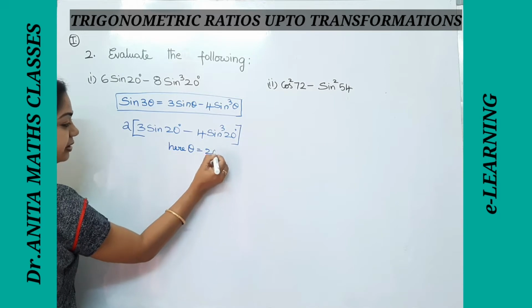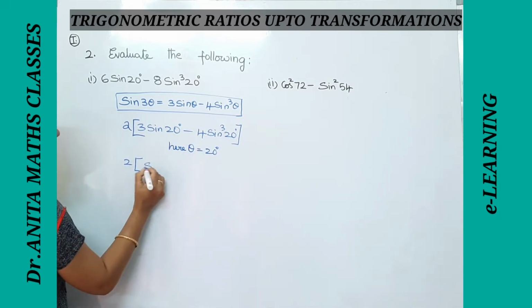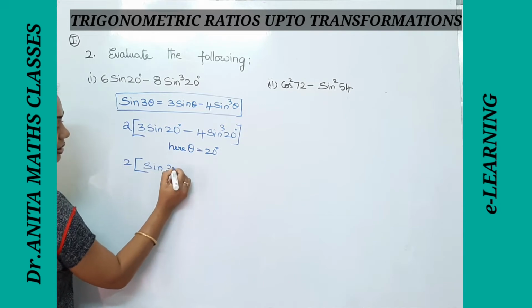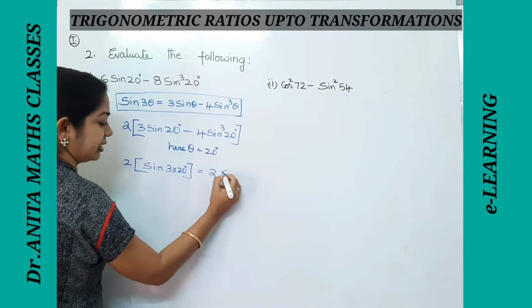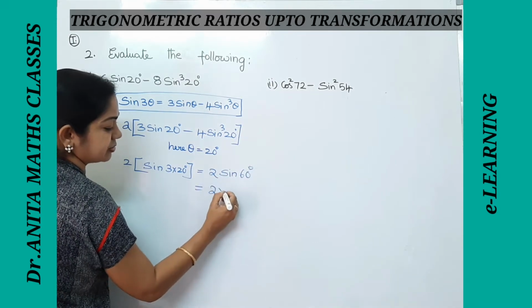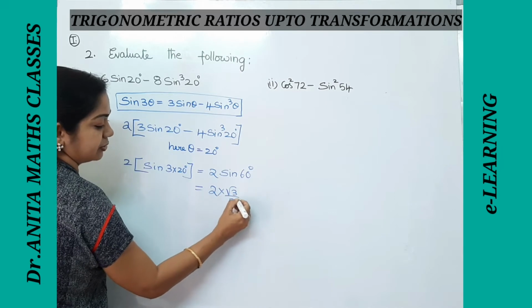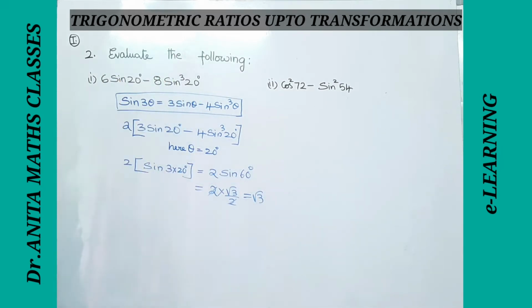Now this becomes 2 of sine 3 theta, so sine 3 into 20 degrees. That is 2 into sine 60 degrees. Now sine 60 is root 3 upon 2. So the answer is root 3. The value of this is root 3.